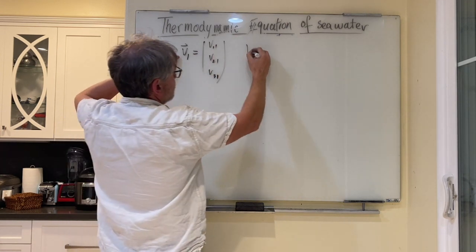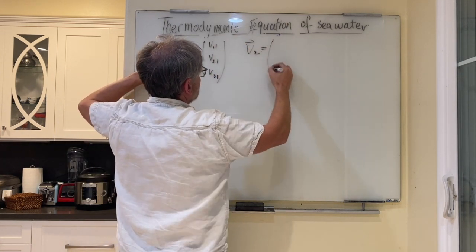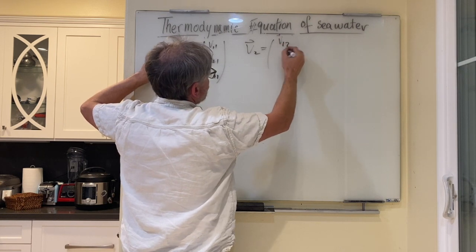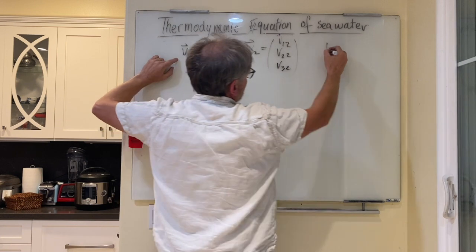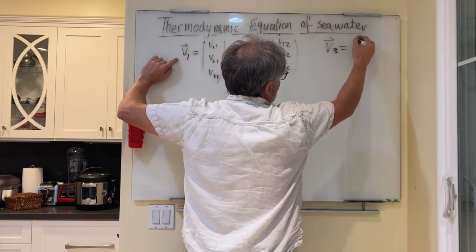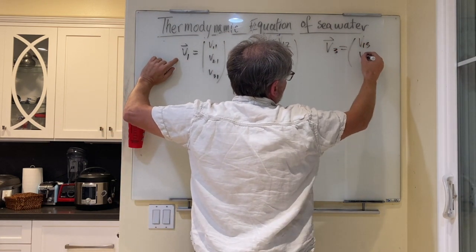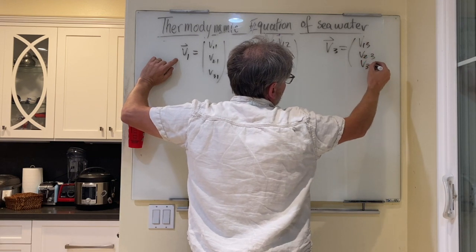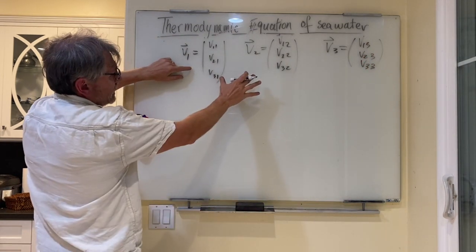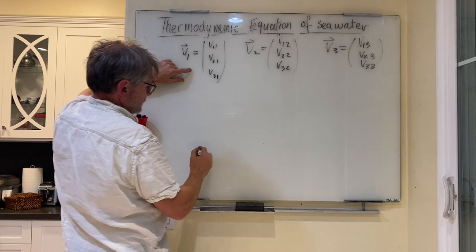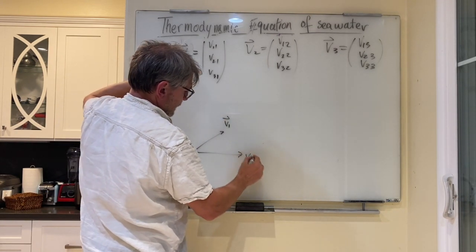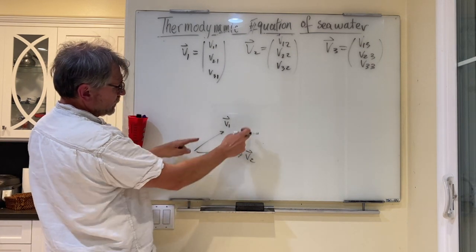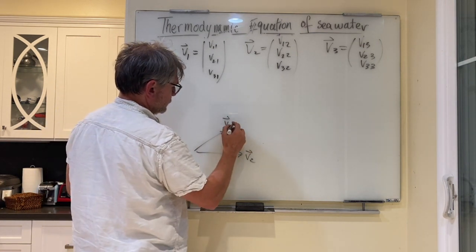A second vector, v2, is equal to v12, v22, v32, and v3 equals v13, v23, v33. All right, so I take the first 2 vectors, v1 and v2, and sweep v1 along v2.